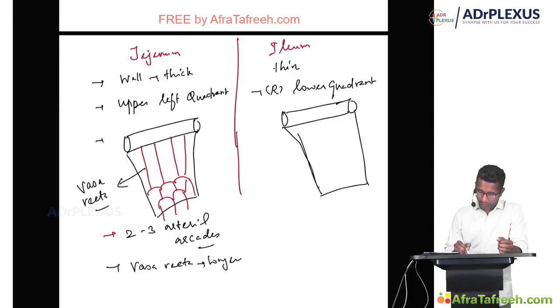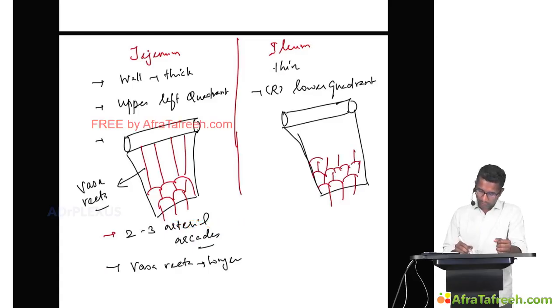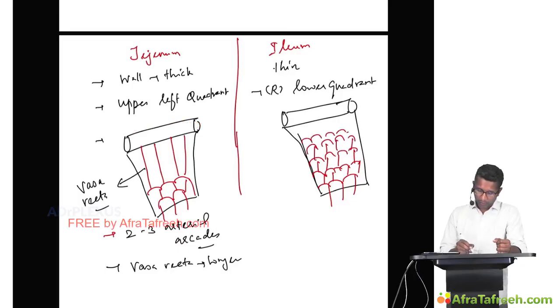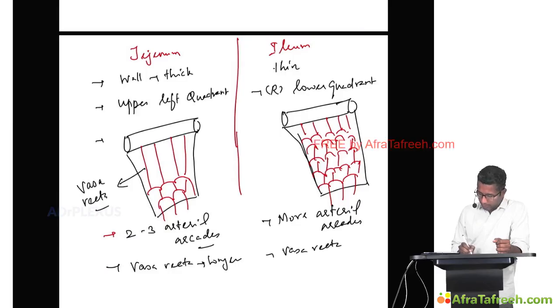When the vessels reach the ileum, they again form arterial arcades, but what is different from the jejunum is that here the number of arterial arcades is more. Because the arterial arcades are more, the vasa recta become shorter here.